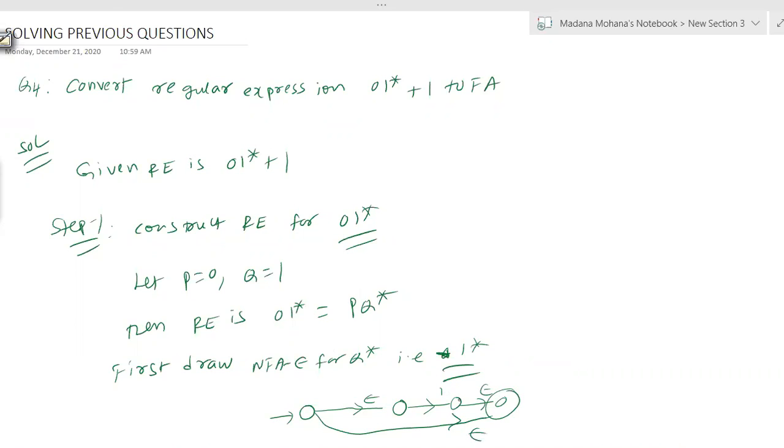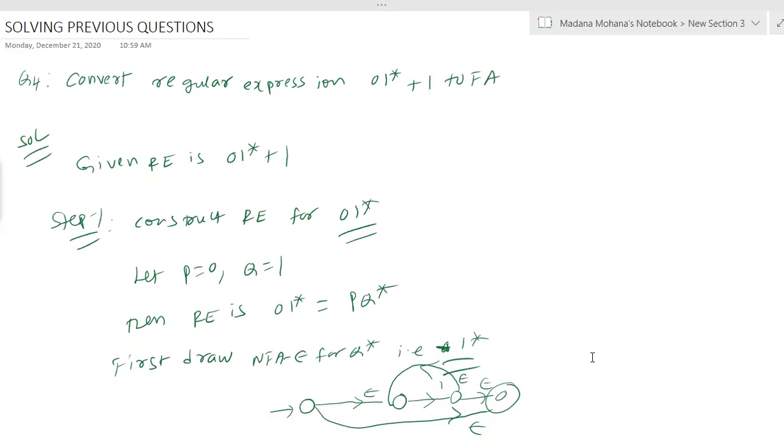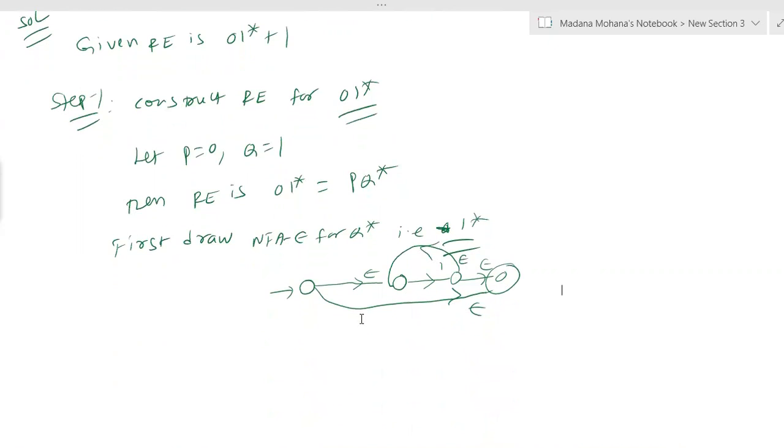Then before the final state, wherever the 1 is there, in the reverse direction, from this to this, you can draw a transition with epsilon moves. Now you can see this figure denotes NFA with epsilon for 1 closure regular expression.